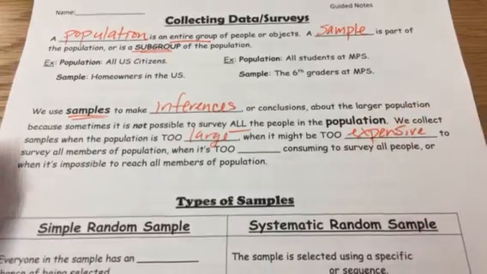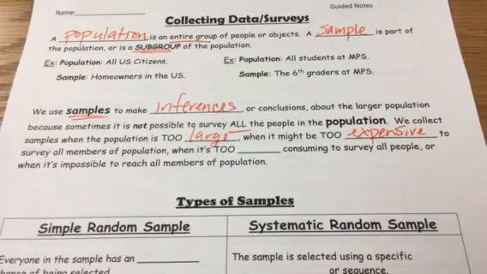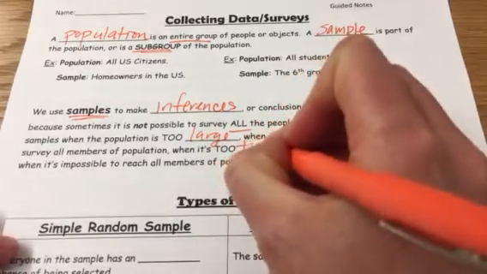Like let's say you're mailing out surveys and you're paying for the postage. That would be really expensive if you were sending a letter to every single person in the United States. That would cost a lot of money. So it could be too expensive, or it could, quite frankly, just be too time consuming.